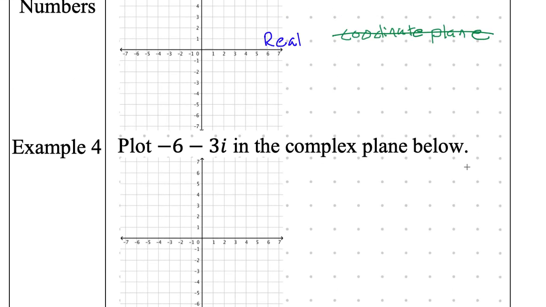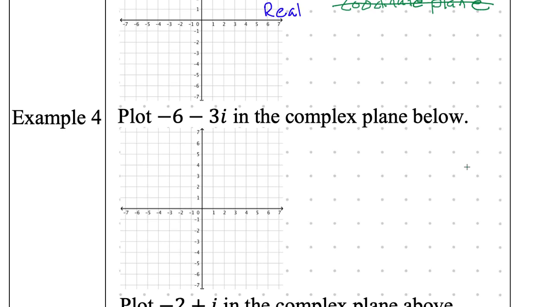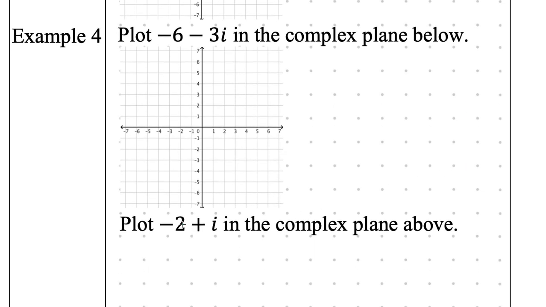Let's come down here to example number 4. I'm going to plot -6 minus 3i on the complex plane below. I will do that, and then you all will plot -2 plus i on the complex plane. So here I go. -6 is the real number. So on the real axis, I'm going to move -6.